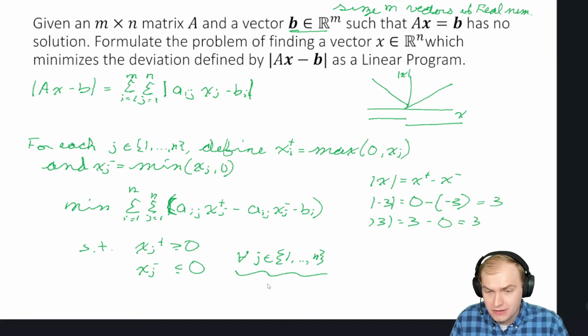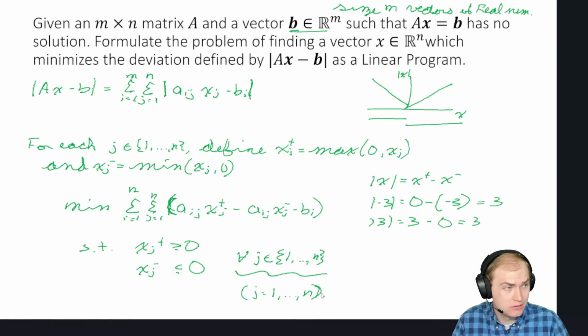Sometimes, I think the book, how does the book do it? The book uses a parenthesis and just says j equals 1 to n. If that makes more sense to you, by all means, use that.